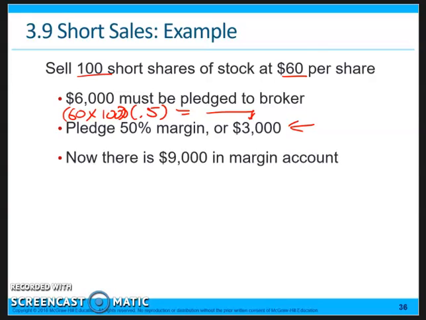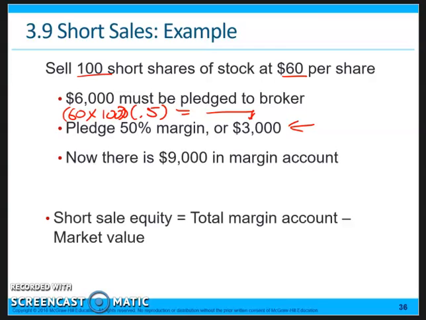The short sale equity is the total margin account minus the market value. In this case, the total margin account is $9,000, the market value is $6,000, and so your equity is $3,000.